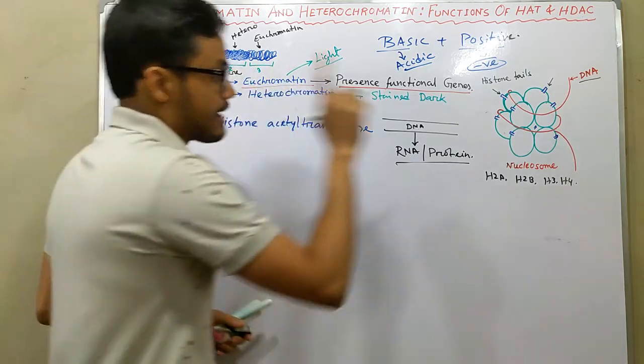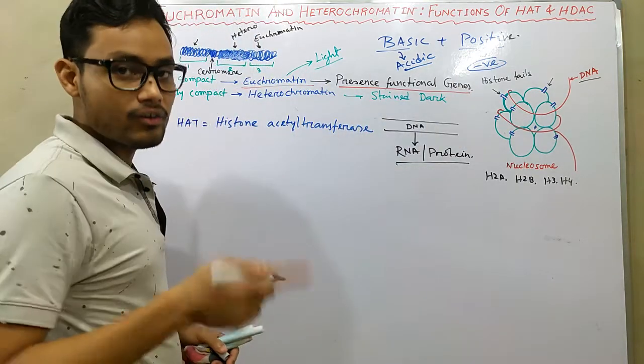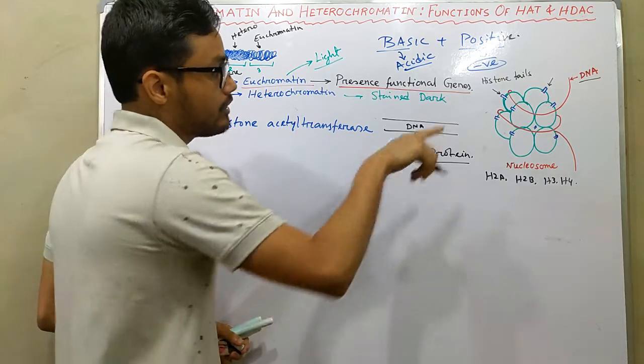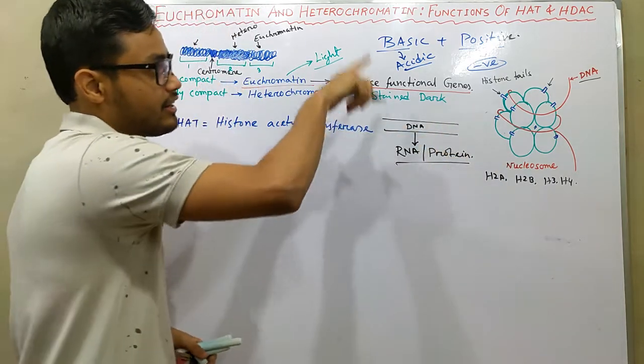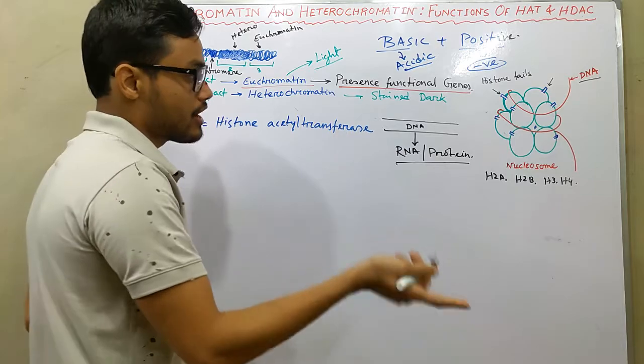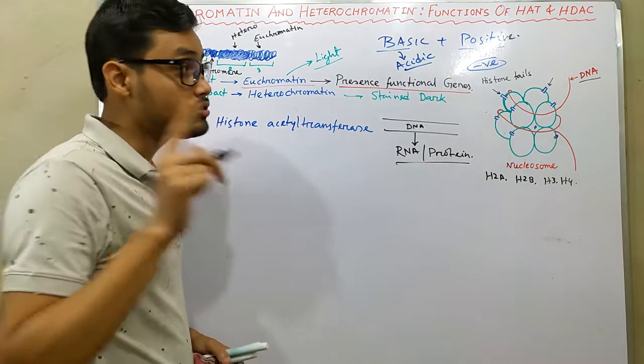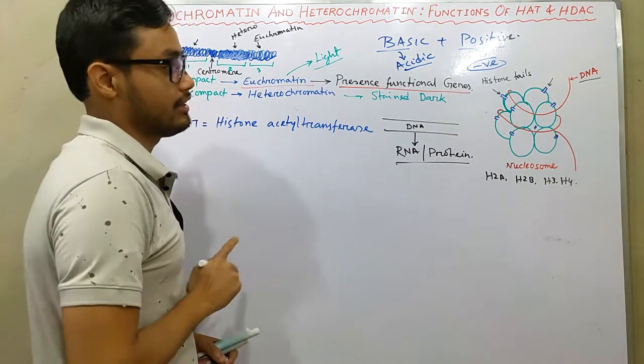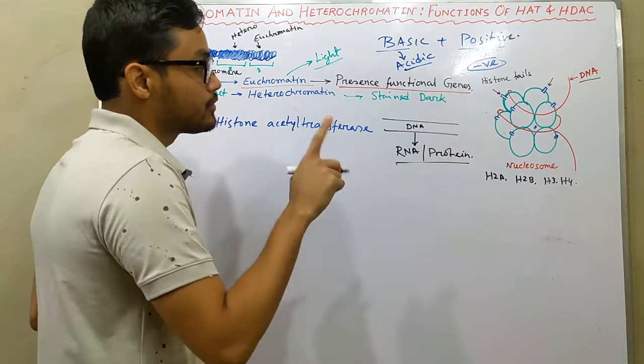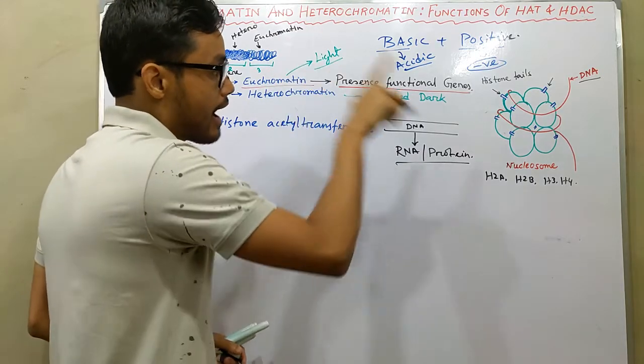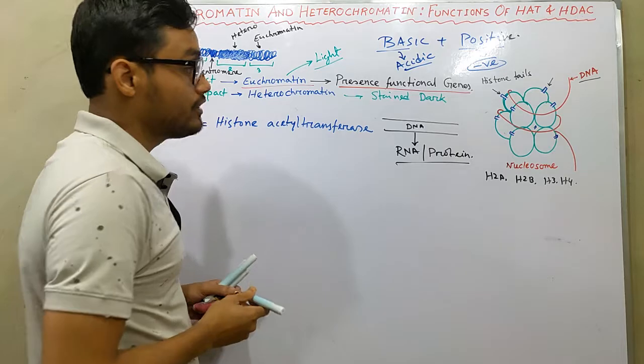So acids cannot interact with each other. Now the nucleosome has converted into acidic and negatively charged, and DNA is also negative and acidic in its properties. So DNA and the nucleosome cannot interact with each other.